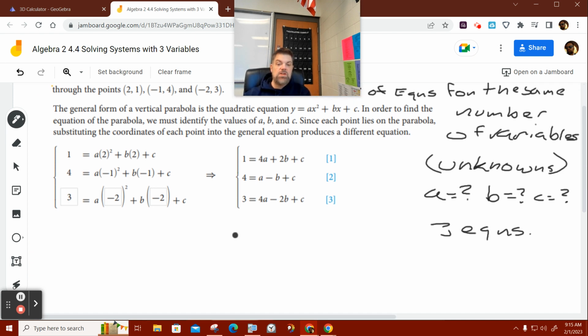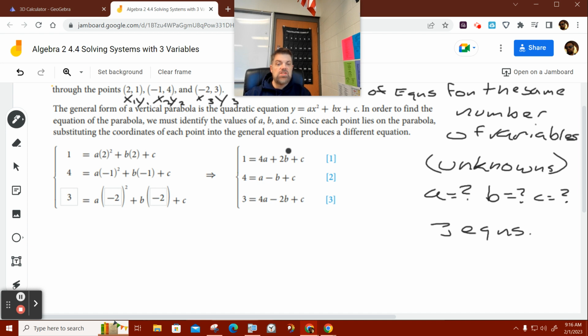So I have a bunch of equations here, and I know that these are all x values and these are y values. This is an x value, this is a y value. This is an x value, this is a y value. If it helps, you could call this x1, y1, this x2, y2, and this x3, y3.